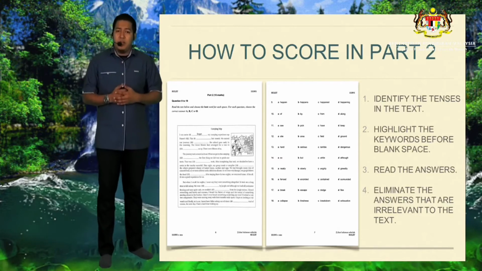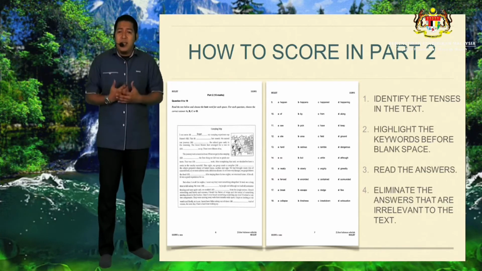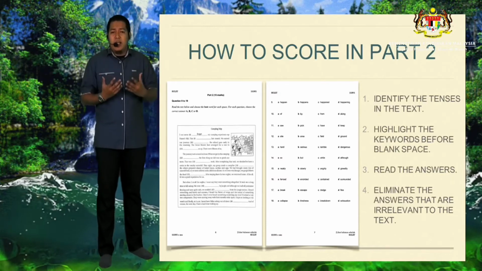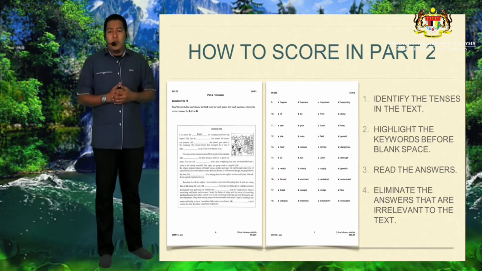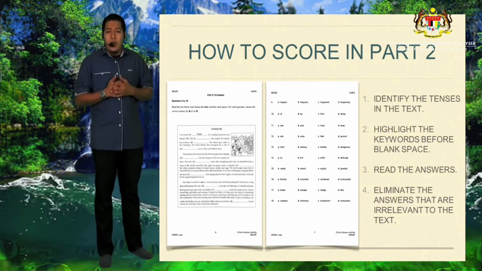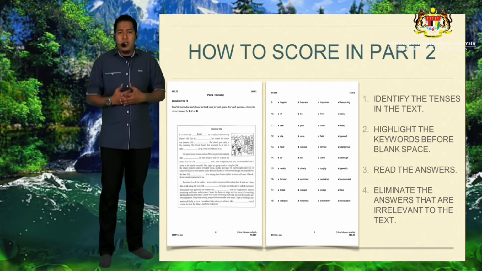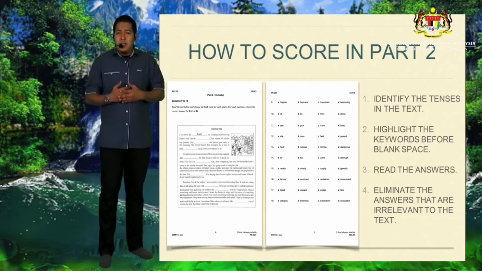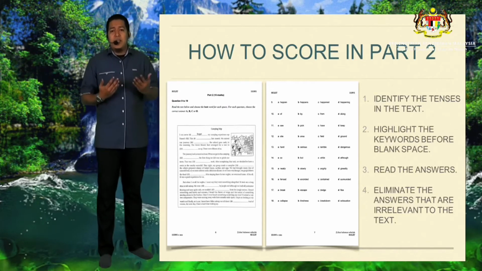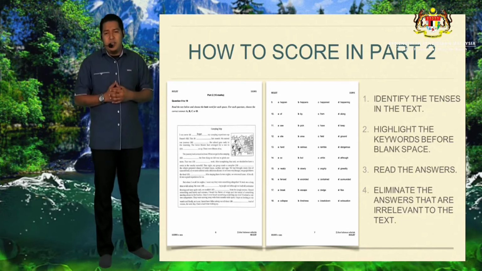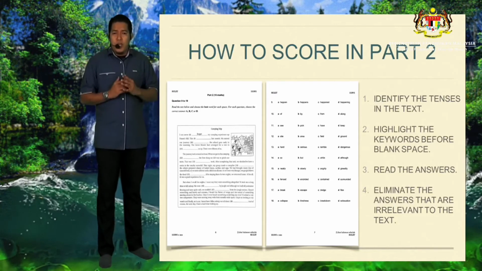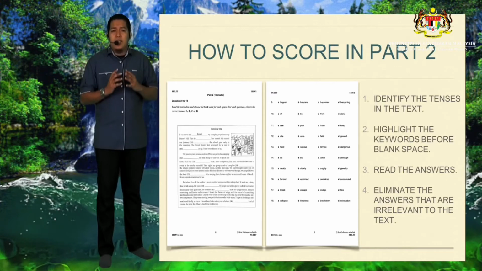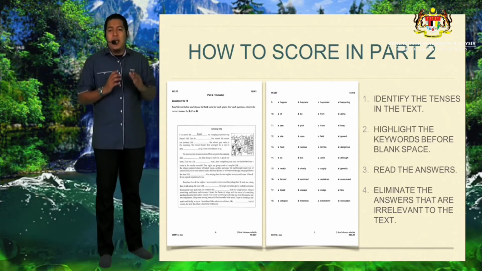For example, if the text is in past tense, you have to eliminate the answers that represent present tense or future tense. If not, you will get confused whether the answer is in the past tense, present tense, or future tense. So please be careful and watch out for the exact tenses in this part.